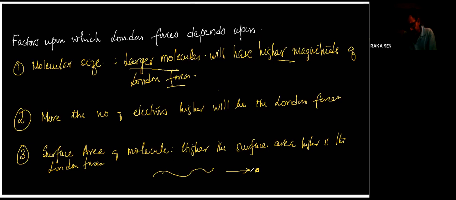The same molecule. One is an elongated shape, and the same dimension, same size molecule I have coiled in this particular direction. Which one will have higher London forces and why? Sir, the first one. Why?